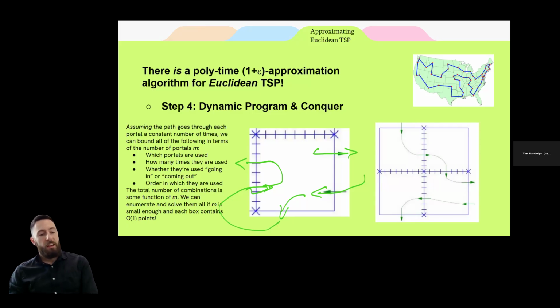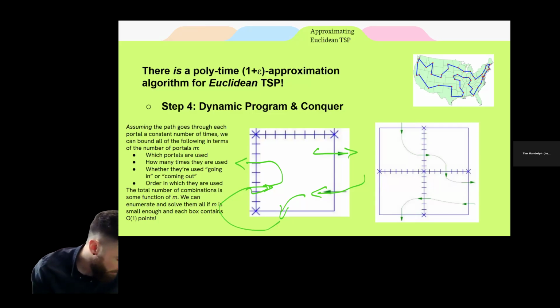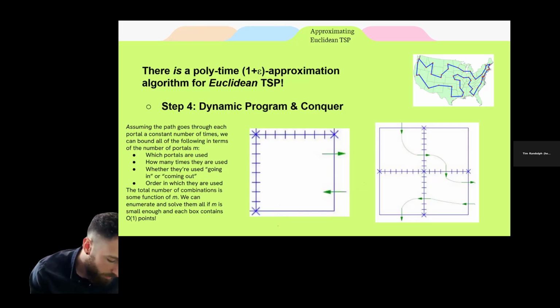So essentially, for each box, we're going to solve this subproblem dictated by the way the path enters and exits our box, and we're going to store solutions for all of the subproblems. Once we've stored solutions for all of the subproblems, then we will combine the best solutions for each of the 4 component boxes.